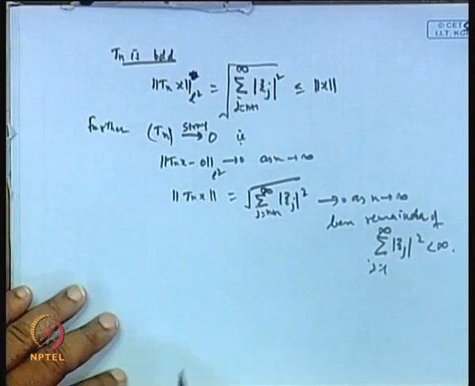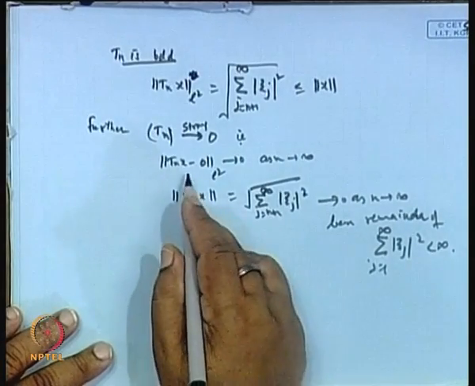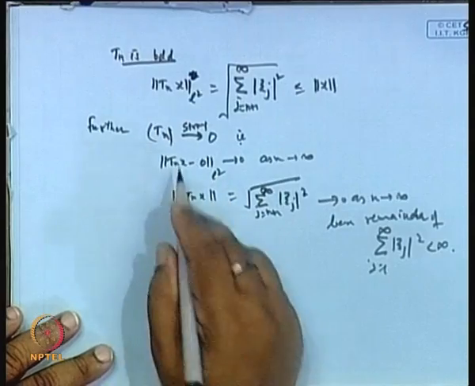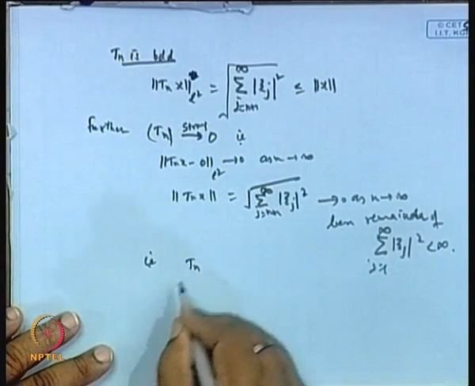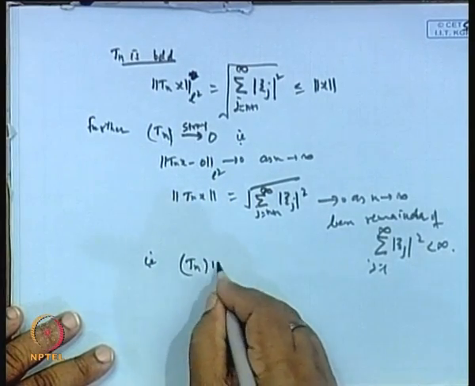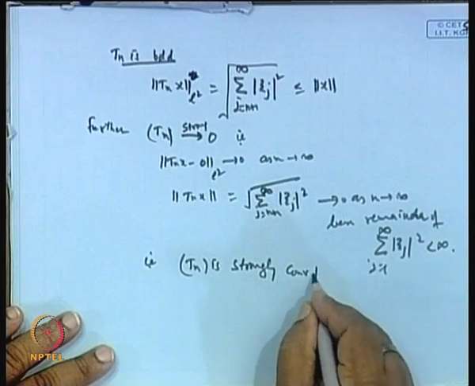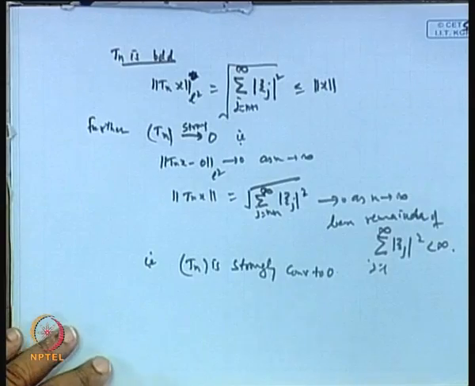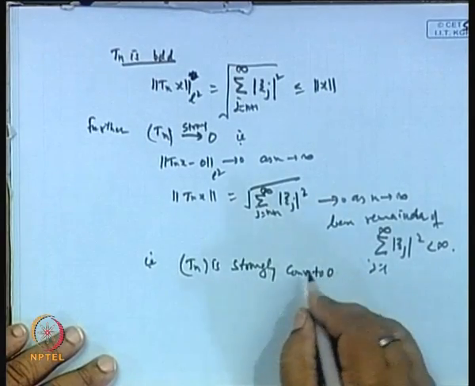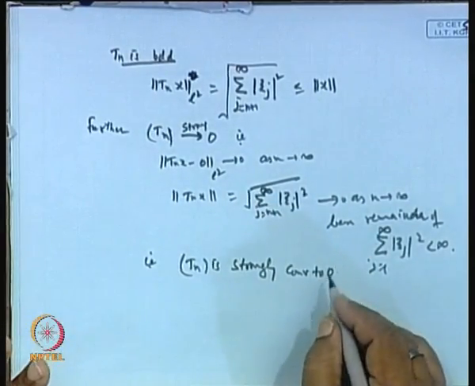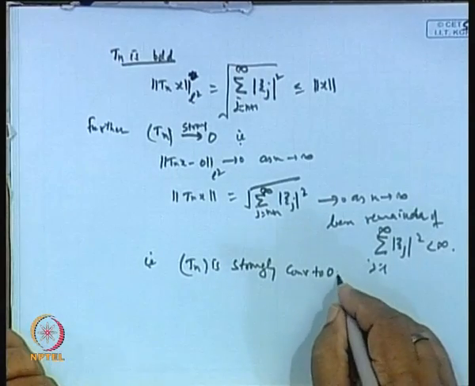Therefore, Tn x converges to 0 under this norm. It means the sequence Tn is strongly convergent to 0, the zero operator.